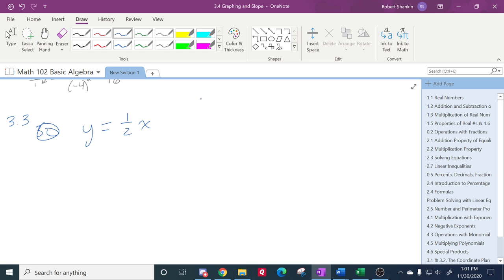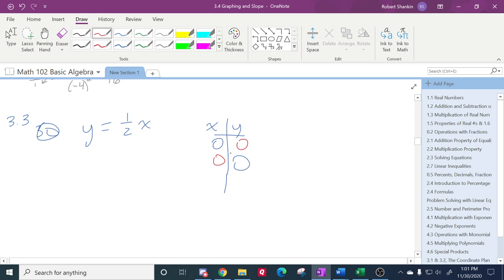Graph each line by finding a point on each other than the origin and then drawing the line through that point and the origin. So what they're talking about there is that if you try to graph using the intercepts method, and then you cover up the x, and then you cover up the y, in both cases you wind up getting 0.